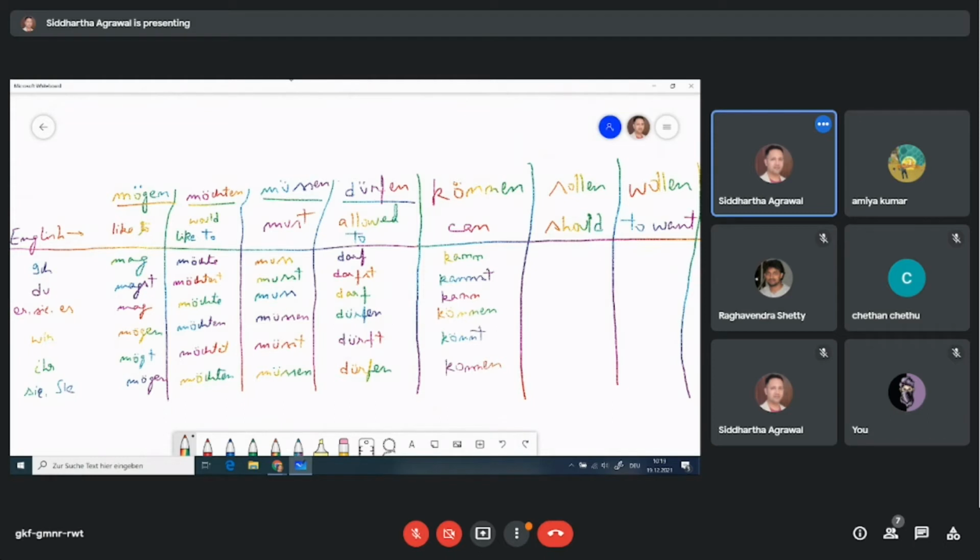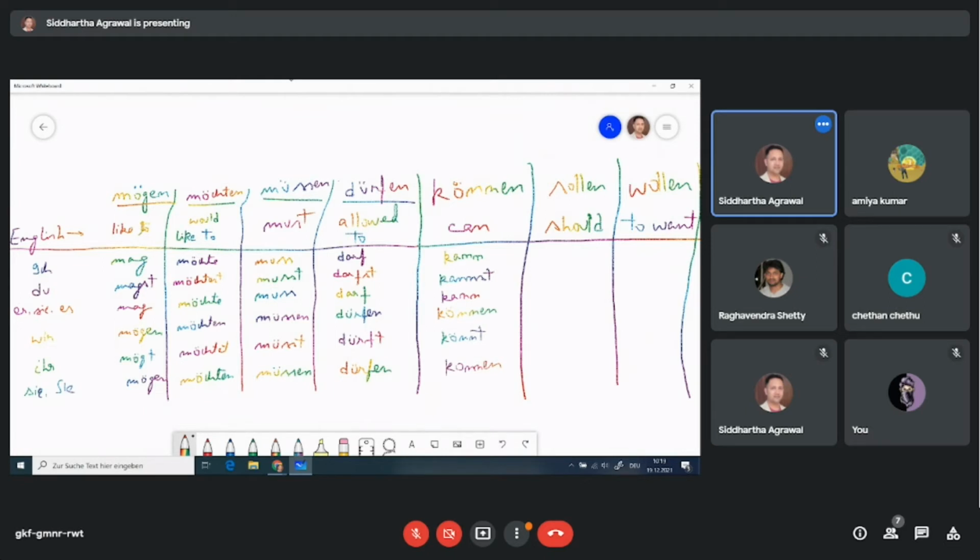Like ich muss, du muss, right? So if you remember only one form, you can straight away recall the er/sie/es form also, because it is going to be the same. Ich möchte, er/sie/es möchte.